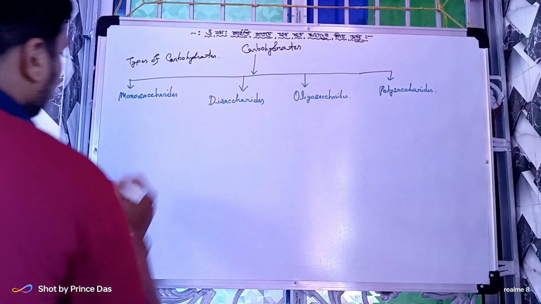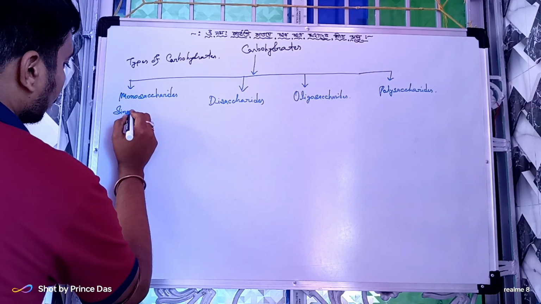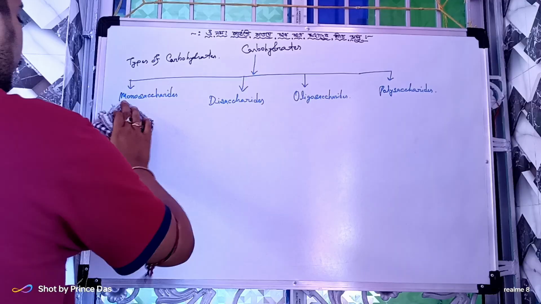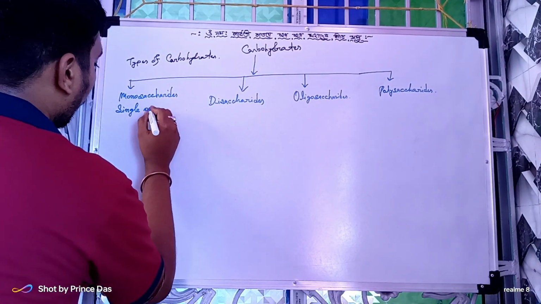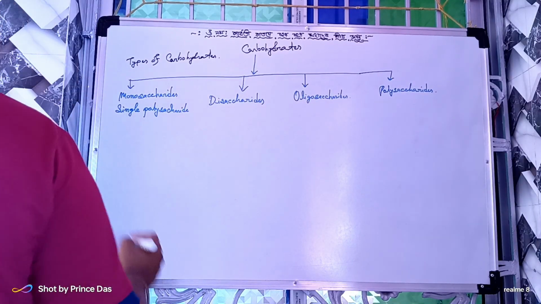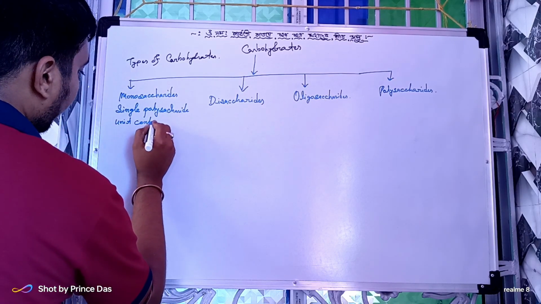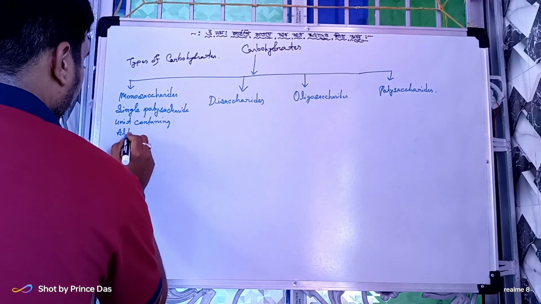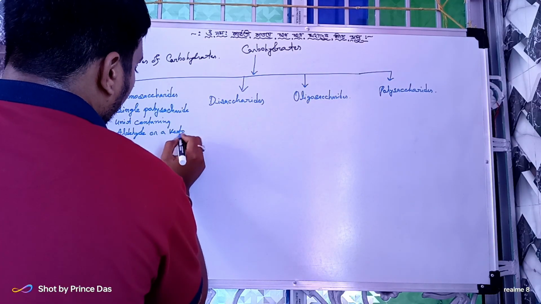What are monosaccharides? A single polyhydroxy unit containing an aldehyde or a keto group.